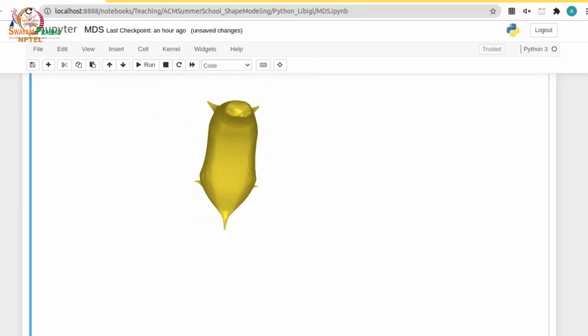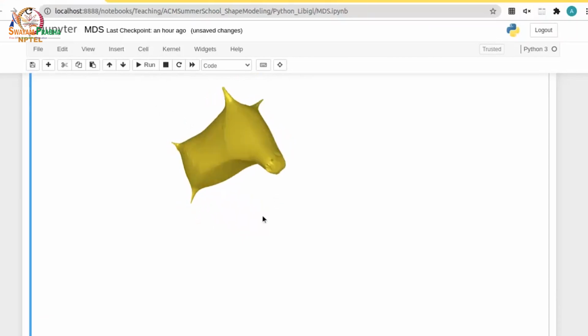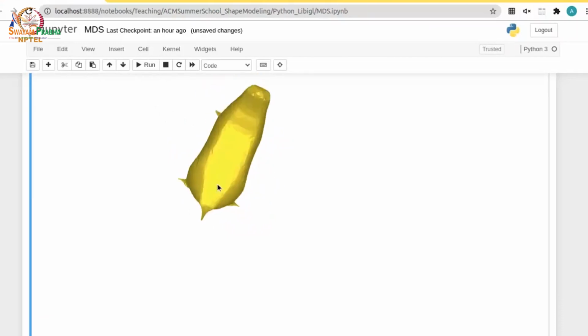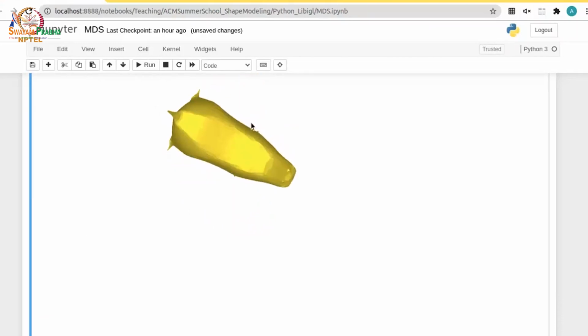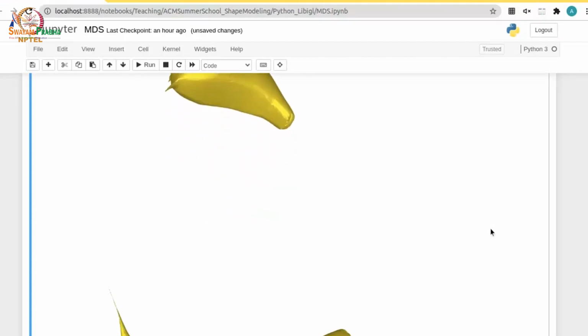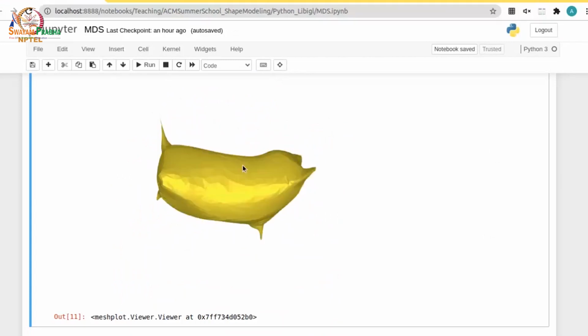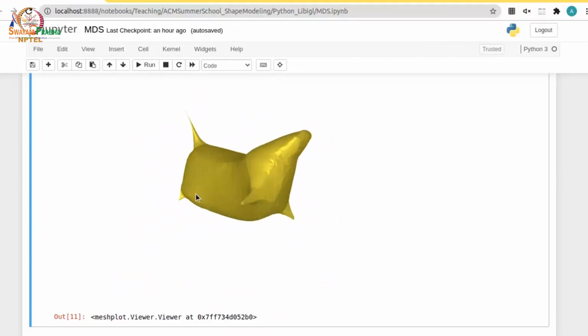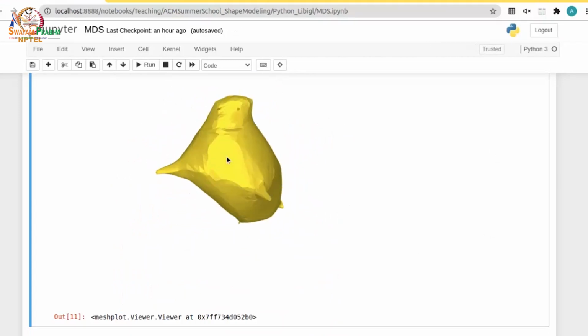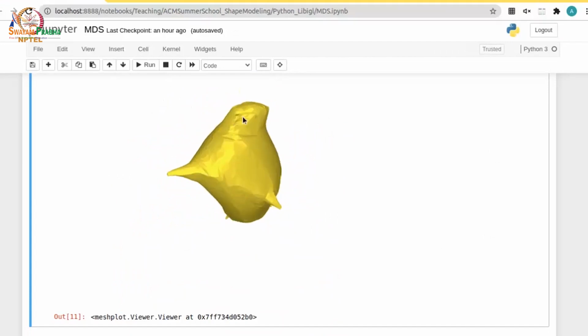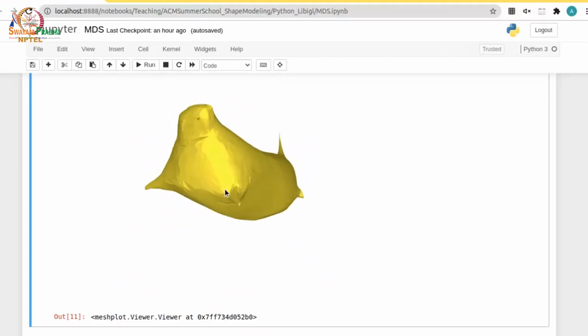And by no means am I saying that the SVD method is the best, but you roughly get to see what it is doing. It's sort of converting things into flat spaces as much as possible. And this is the first one, and this is the second. Again, there's very little resemblance with the original cat mesh, but you can spot the eyes, the four limbs, and the tail.